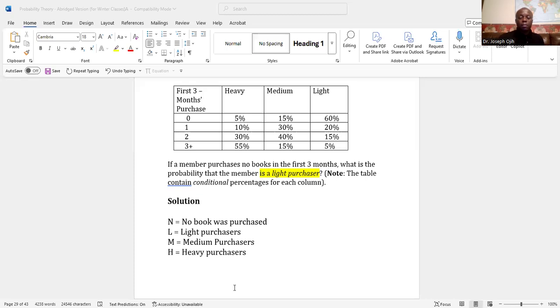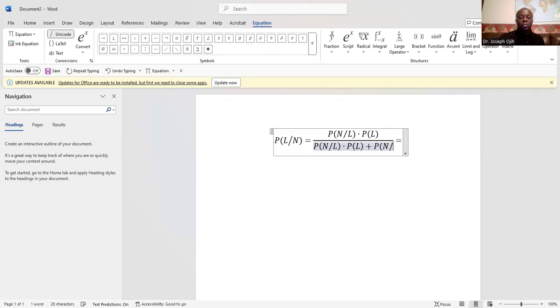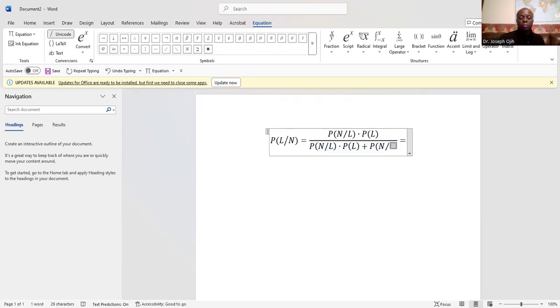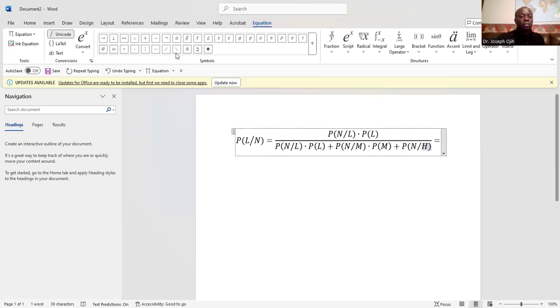No book was purchased, given that it is a medium purchaser, times the probability of medium purchaser, plus the probability that no book was purchased given heavy purchaser, times the probability of heavy purchaser.